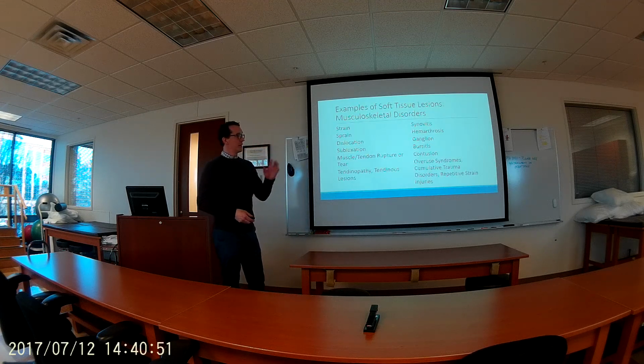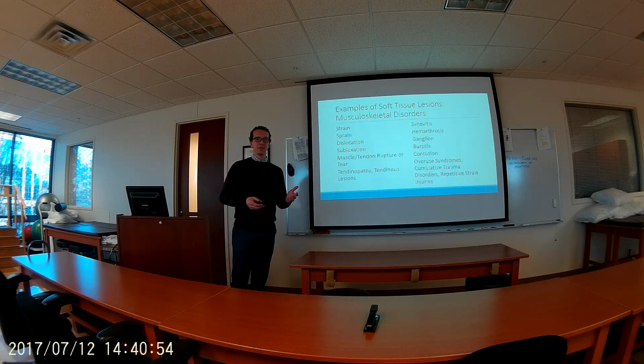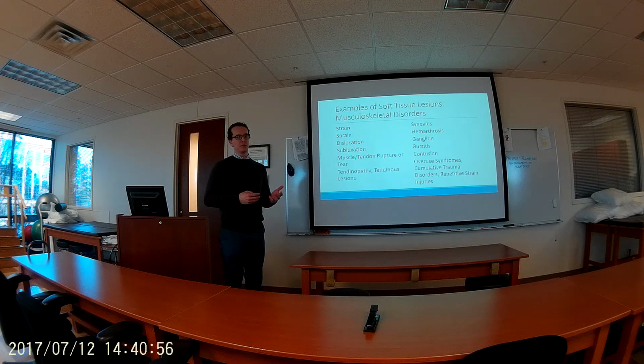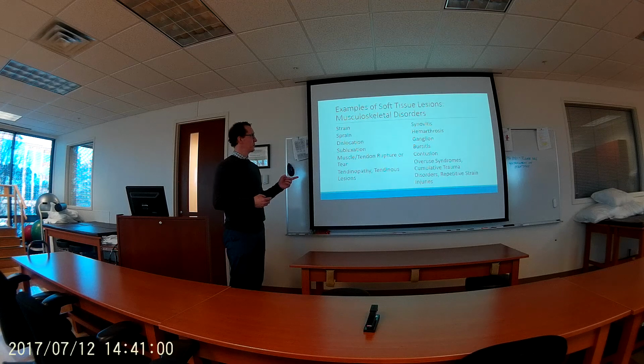There are lots of different words and phrases that you need to be aware of when we start out with this chapter. We're going to talk specifically about musculoskeletal disorders today.